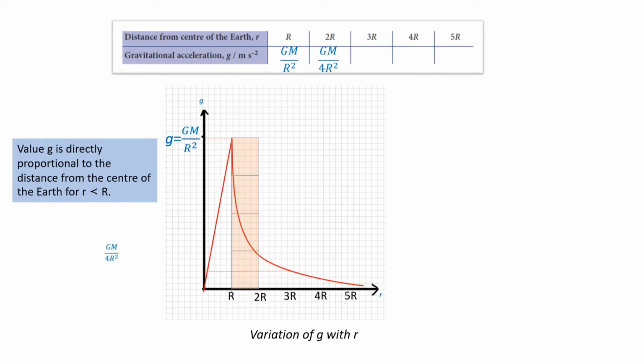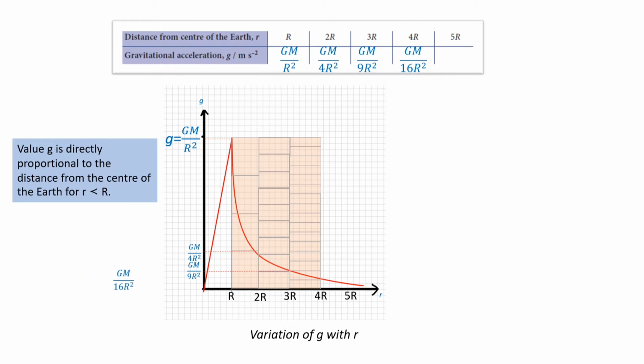If you look at the graph, the boxes can help you understand the relationship. Look at this example. If the distance is 5r, the gravitational acceleration is GM over 25r squared.